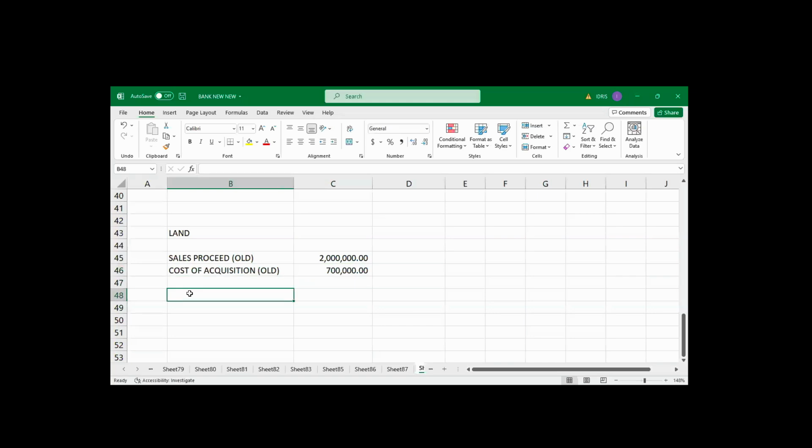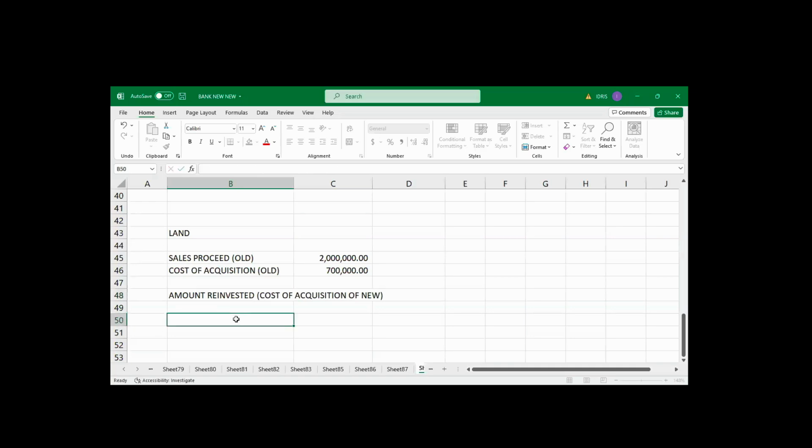Amount reinvested. Another name for amount reinvested is what? Who can tell me another name for it? Amount invested is the cost of acquisition of the new asset.